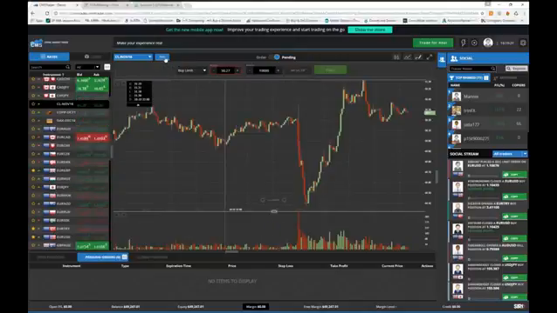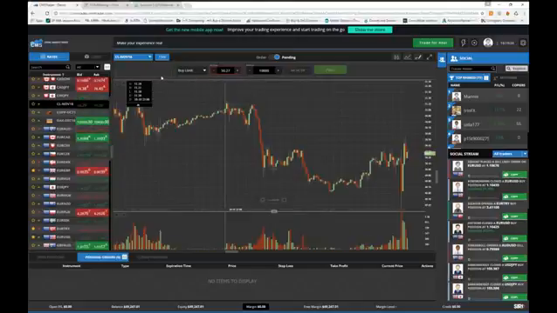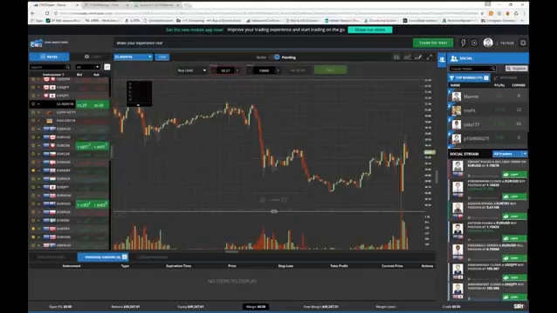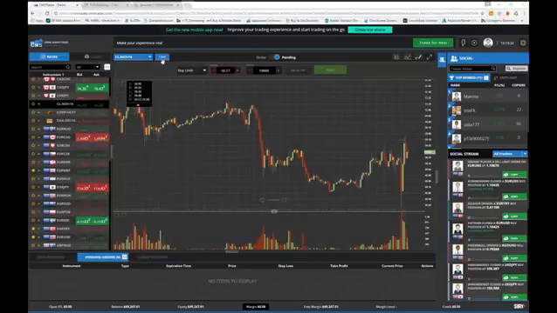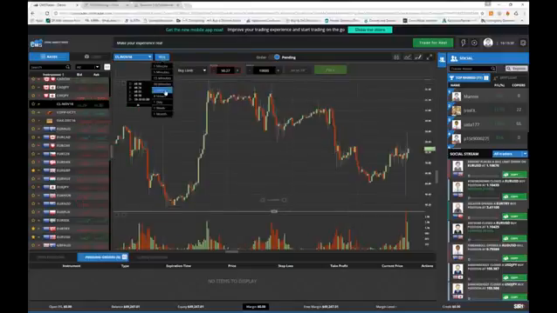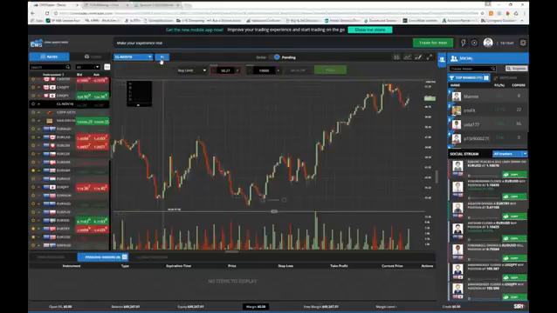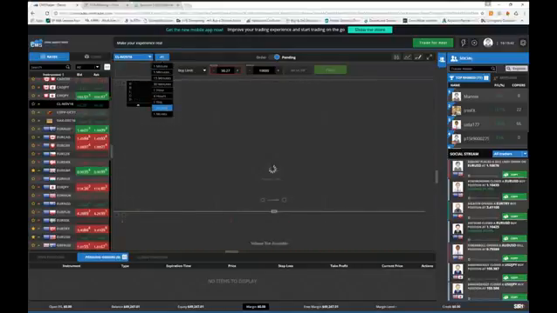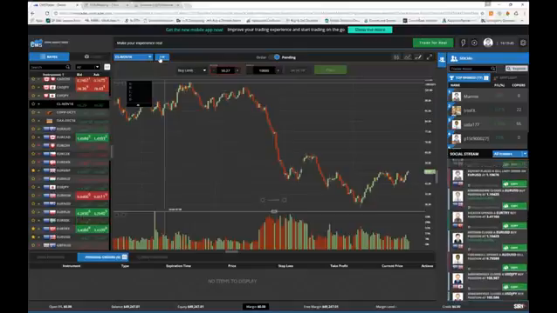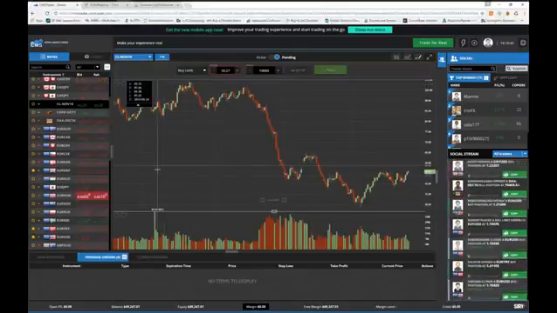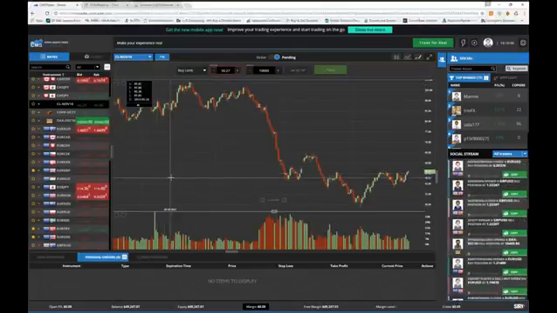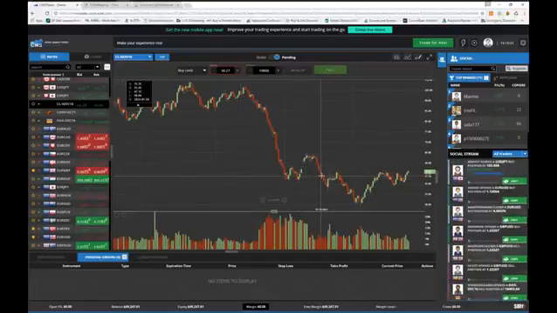Let me try to get another chart pattern for you guys that is a common chart pattern. This is actually a W formation now on a weekly.